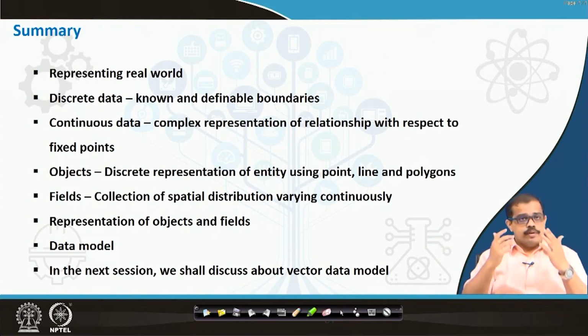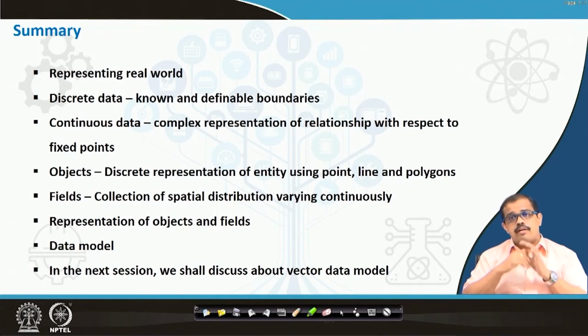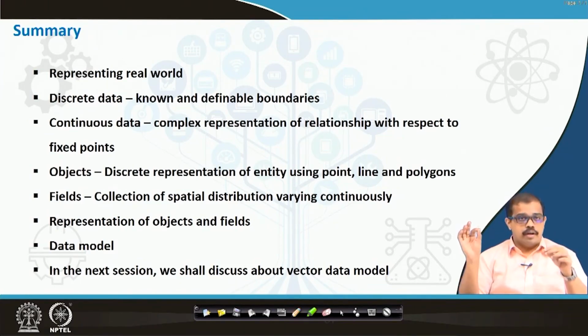Okay. When you look at the real world, it can be divided into discrete data and continuous data. When I say discrete data, it has a defined boundary, whereas continuous data is a complex representation of a relationship with respect to a fixed point.